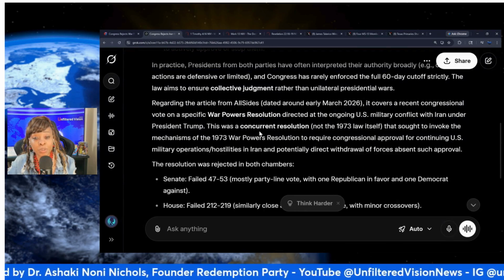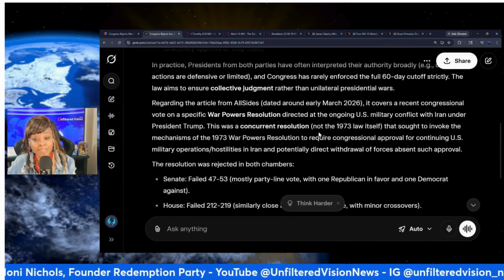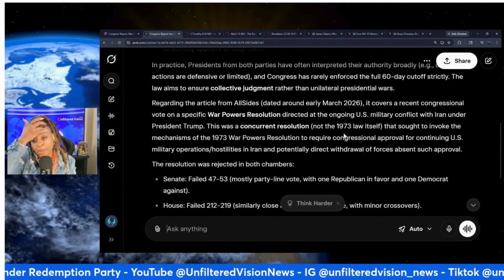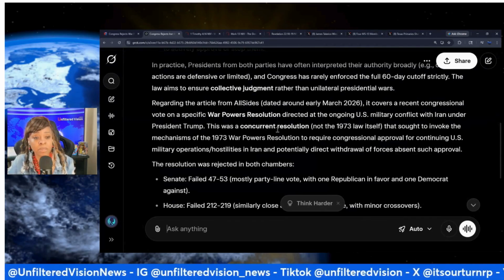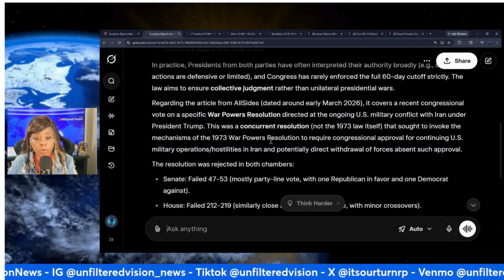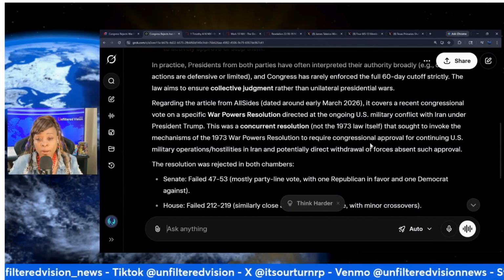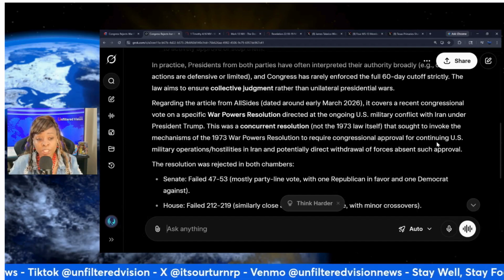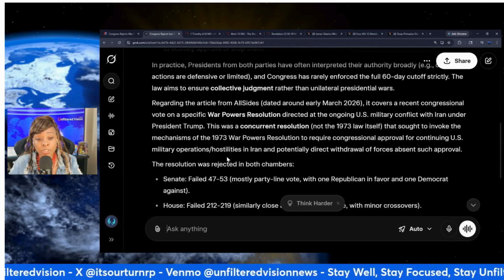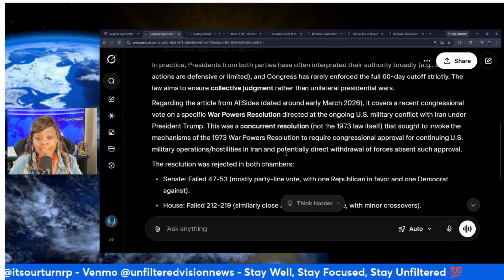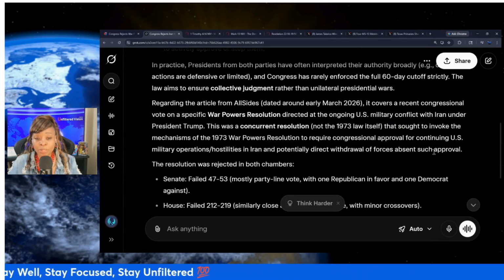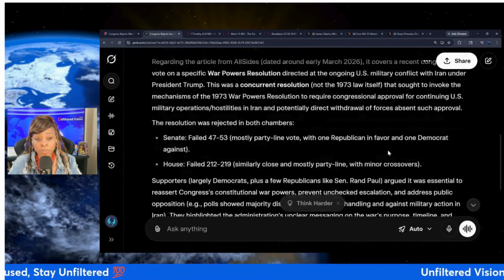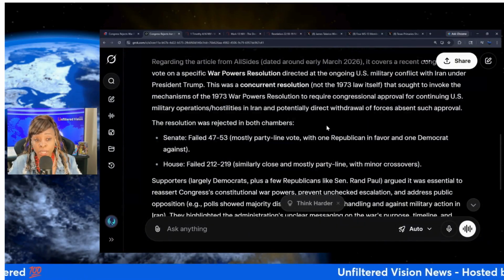This was a concurrent resolution, not the 1973 law itself, that sought to invoke mechanisms of the 1973 War Powers Resolution to require congressional approval for continuing U.S. military operations and hostilities in Iran, and potentially direct withdrawal of forces absent such approval. So the resolution was rejected in both chambers.